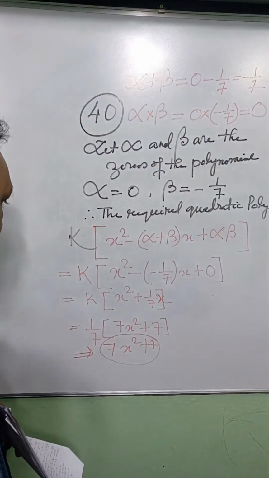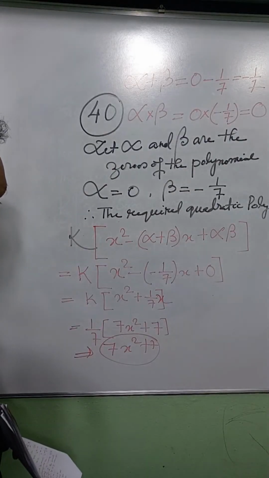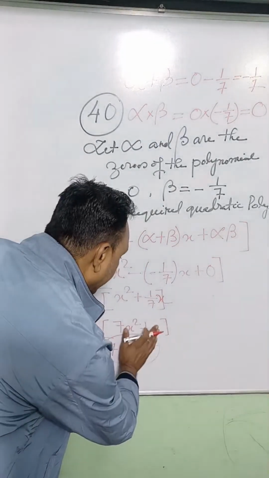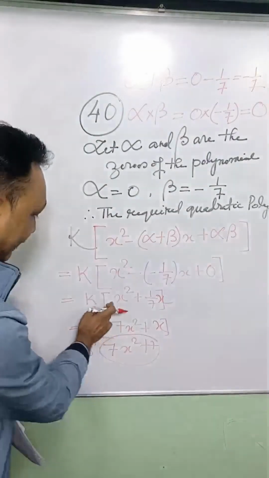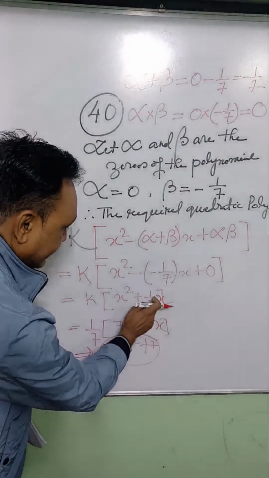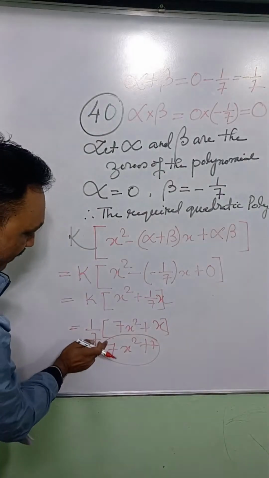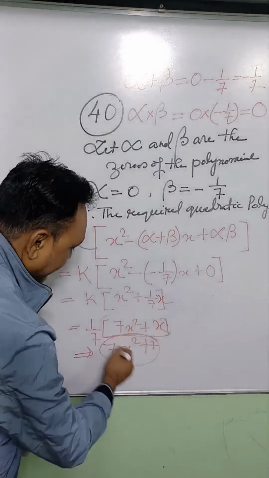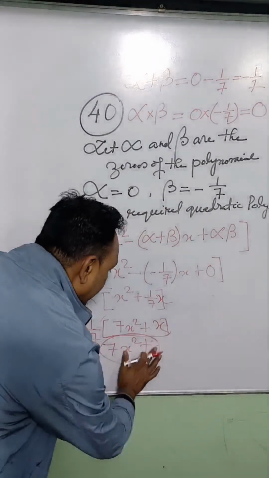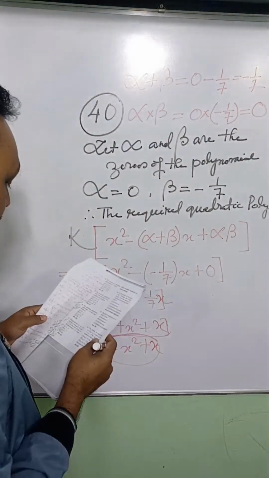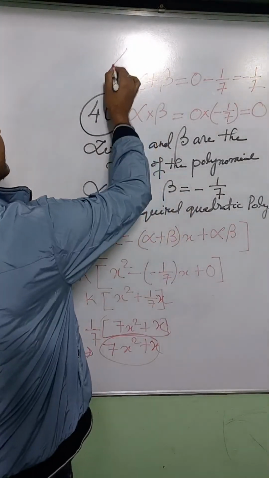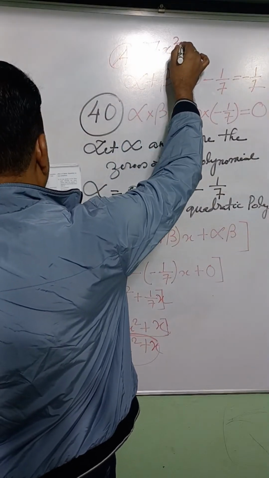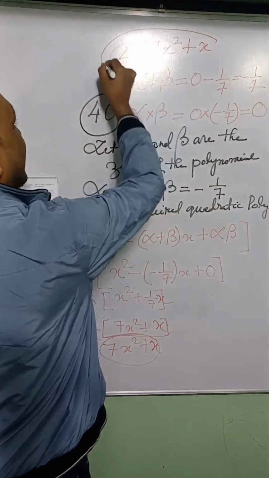If I multiply x square plus 1 by 7 x by 7, 7x square, the 7 cancels, 1x, that is x. So this is the quadratic polynomial, 7x square plus x. So option A is correct. This is the correct answer.